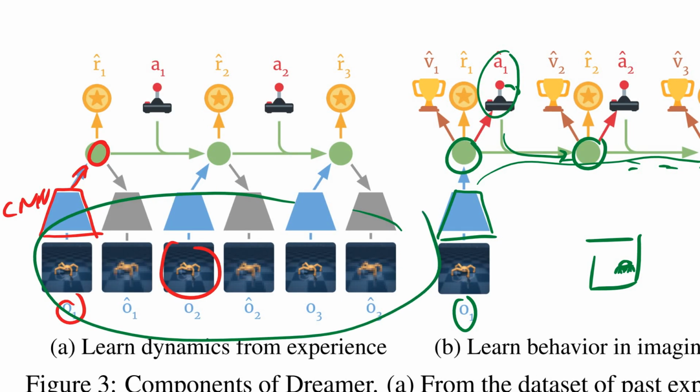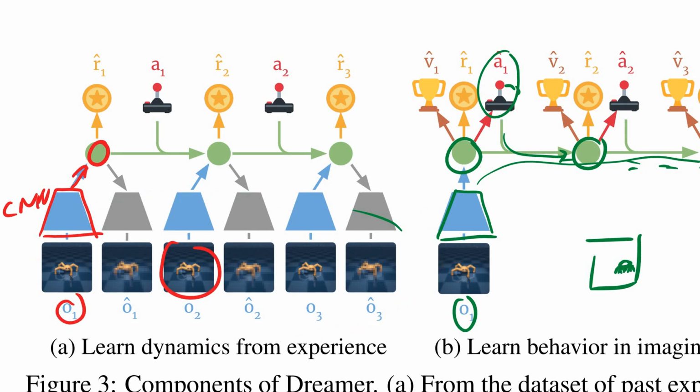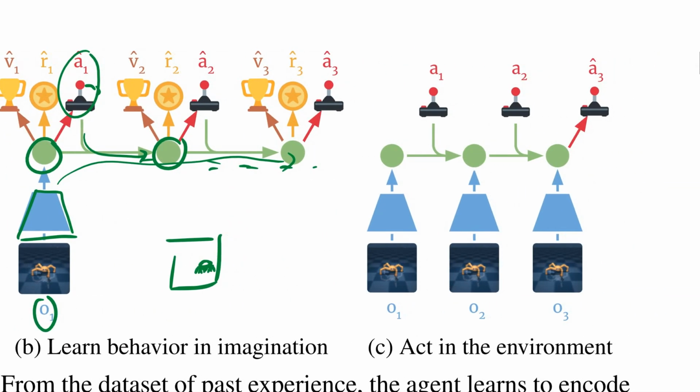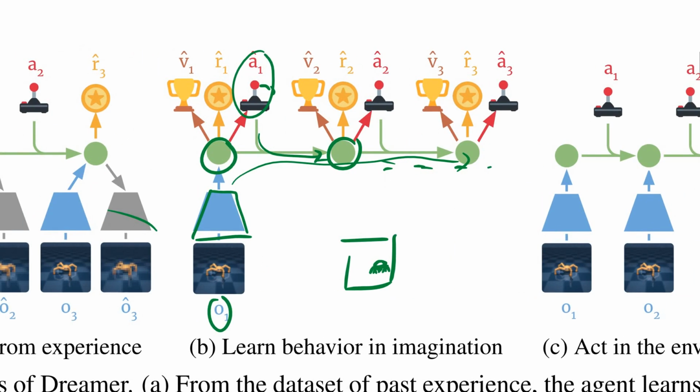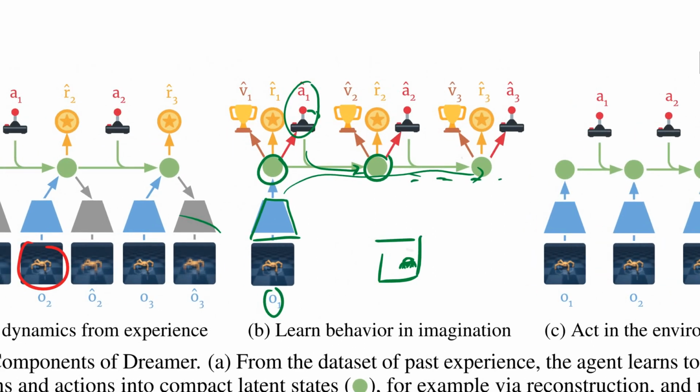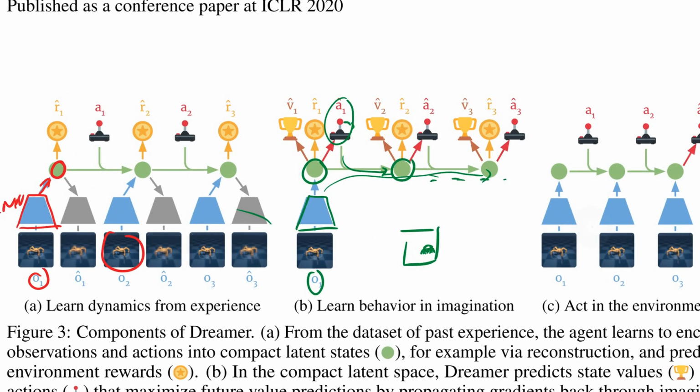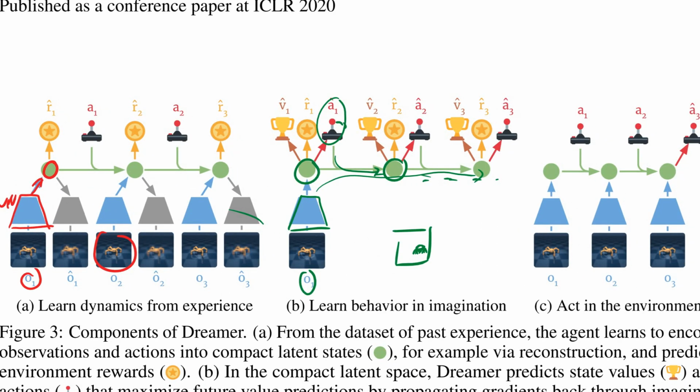Now, we've already looked at a number of papers, including something like MuZero or I2A. This now is slightly different. What is different is that in MuZero we used this latent model in order to plan ahead, like to do our decision tree planning and so on. This model doesn't do this.